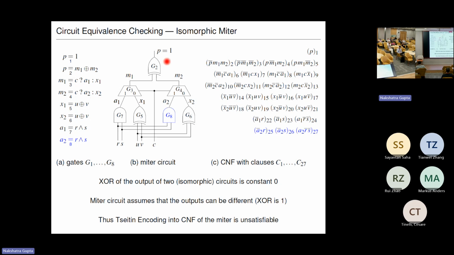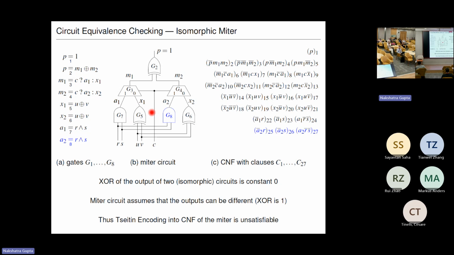This is called an isomorphic miter. This is called a miter, and by isomorphic we mean we're comparing two identical circuits. On the left, you see how we later think inside the algorithm about it. It's more like equations, and the difference is that this could be cyclic, while the circuit is usually non-cyclic.